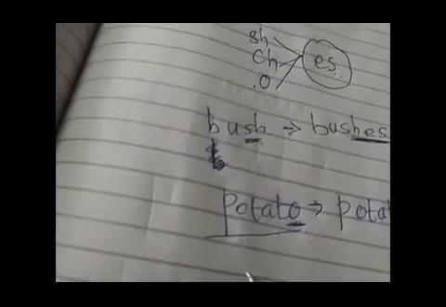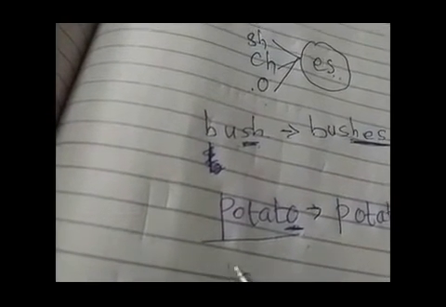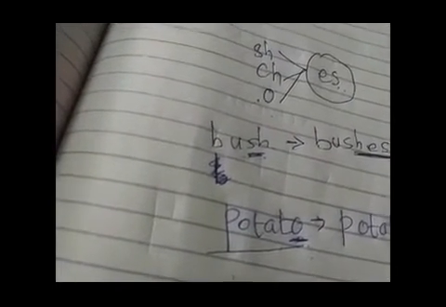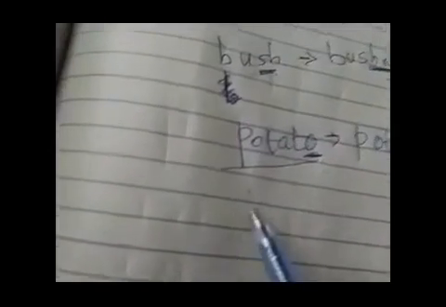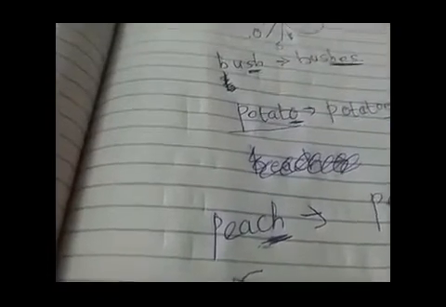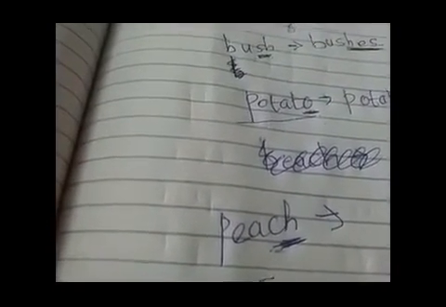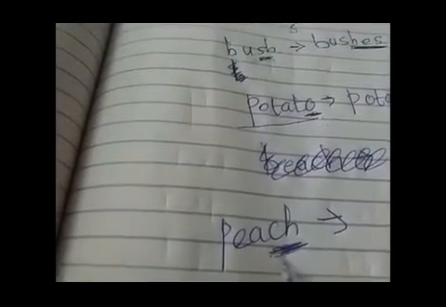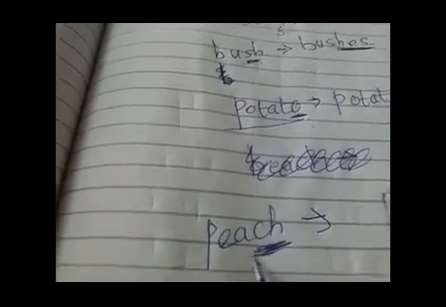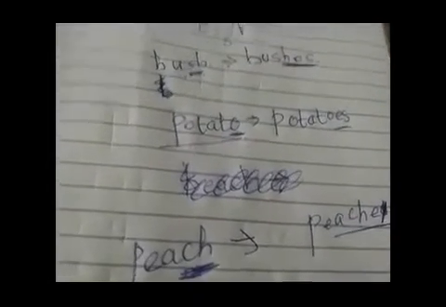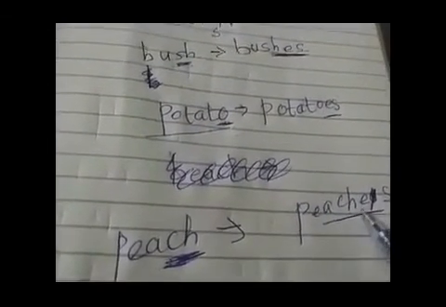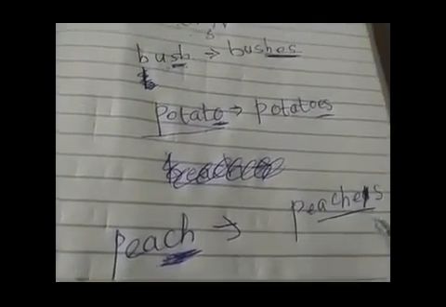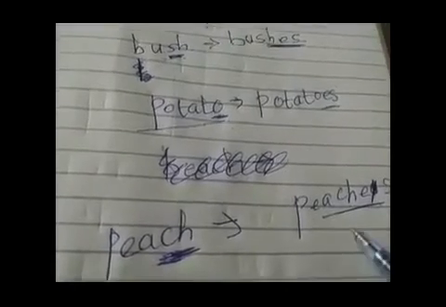Okay students, giving you an example of CH, it is going to be like peach. The singular noun peach ends with CH, so it will also become plural when you put ES after CH, not only S.